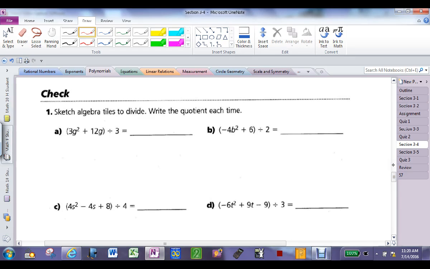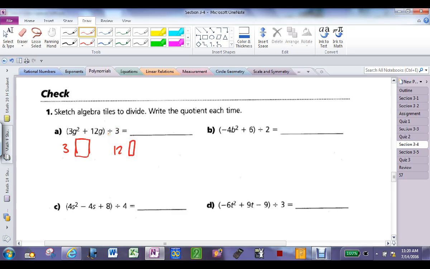Now, obviously, here I'm asking you to draw them all out again, right? No big deal, but I'm going to show you our trick. 3g squared. Oop, not colored, they're positive. Right? 12 g's. Right?